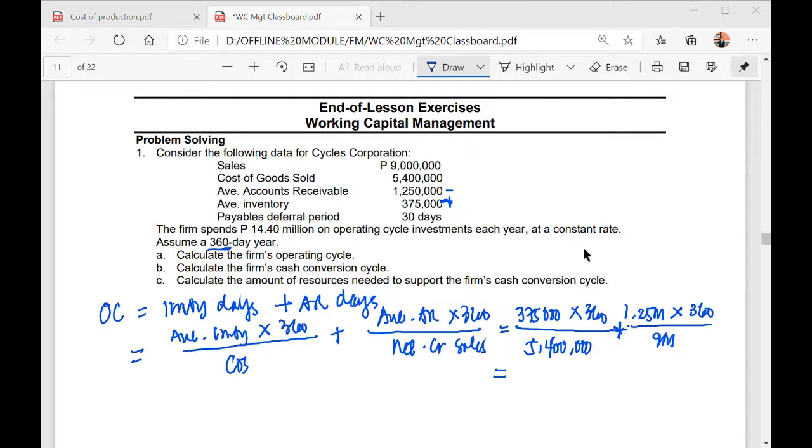How about the others? I haven't opened the Google Meet, so let me enlarge my writing. Let's get the inventory days first.